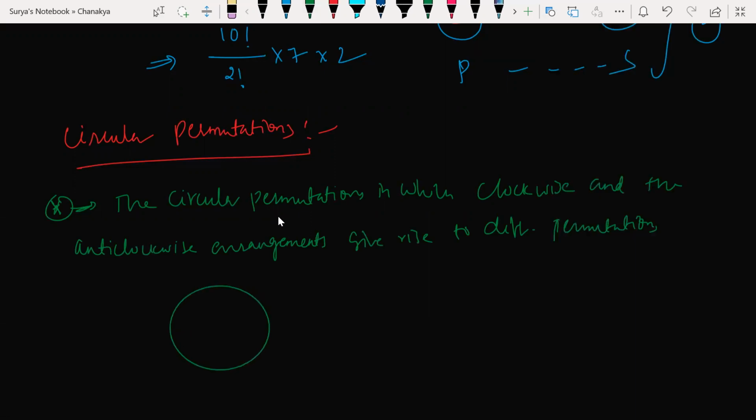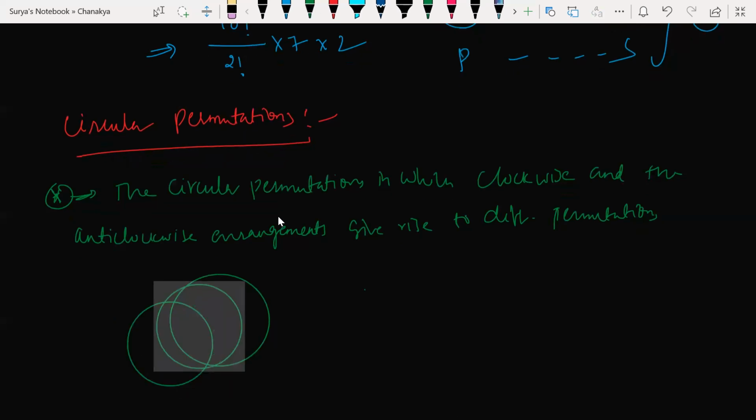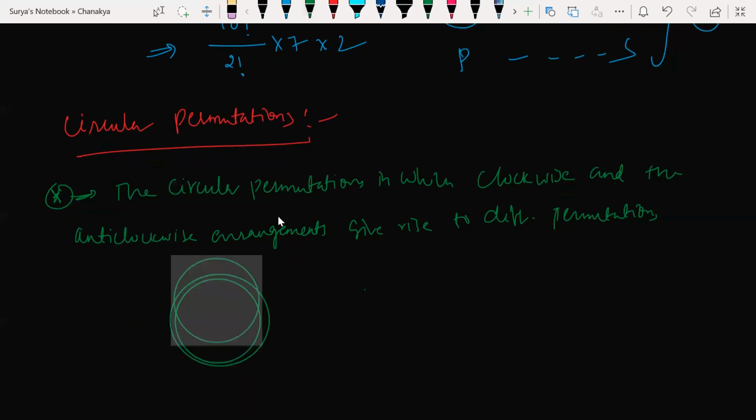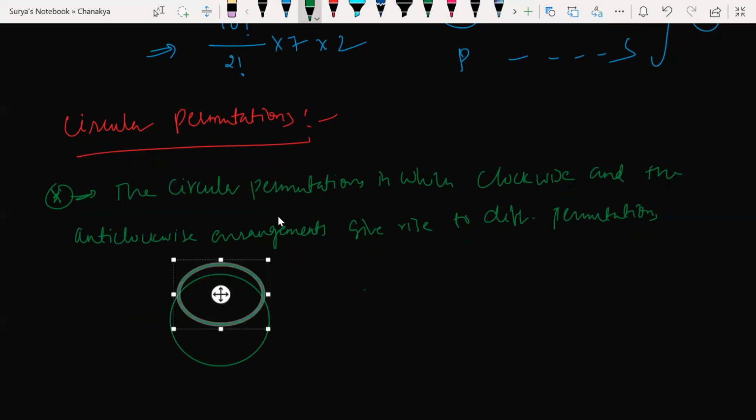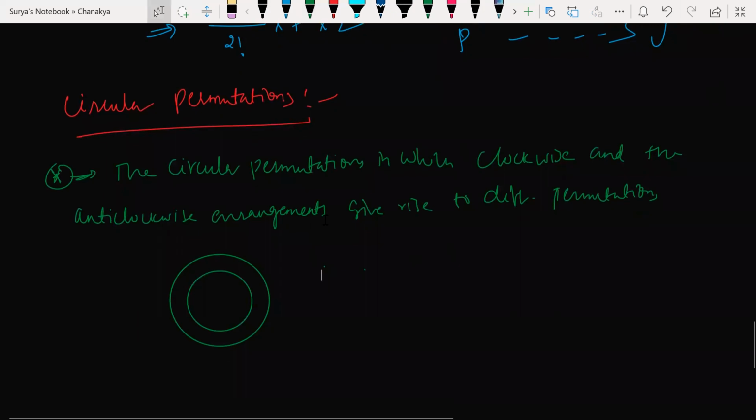What is the meaning of this? Okay. The circular permutations in which clockwise and anti-clockwise arrangements give rise to different permutations.